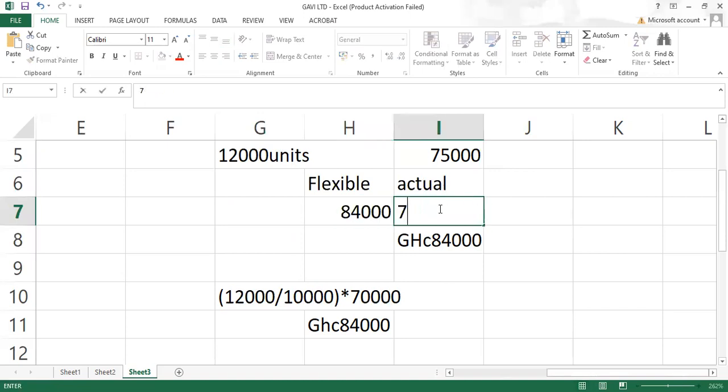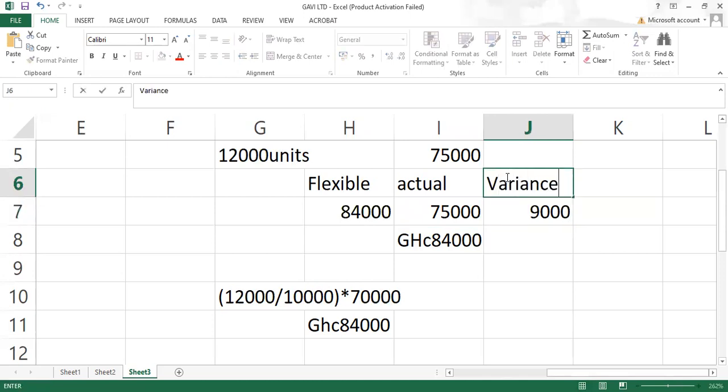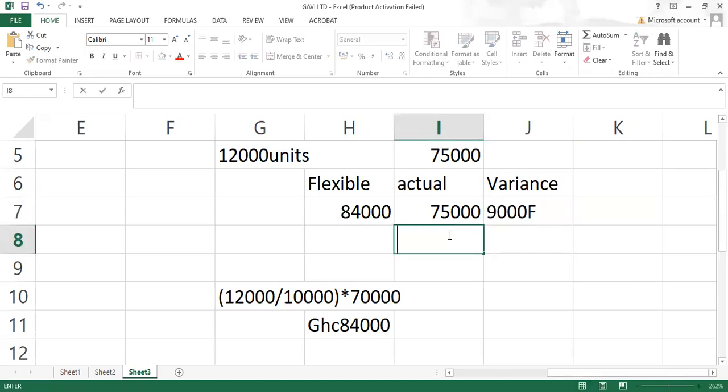It means that we have saved a cost of 9,000. We put the 9,000 under variance, and then we add F to it, showing that it's favorable. Favorable means you are making a gain. Are you okay?